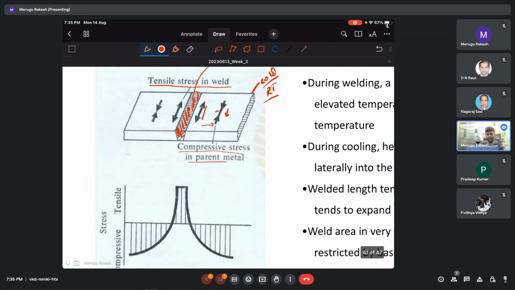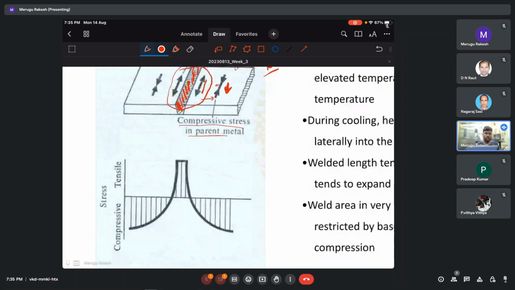If you see, the center will try to compress, meaning shrink, because of the molten metal available. So it tries to shrink. That generates tensile stresses in the vicinity. Due to these tensile stresses, the weld plate offers resistance and tries to contract.